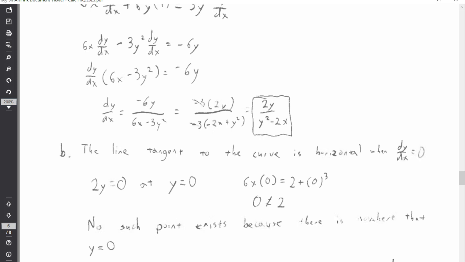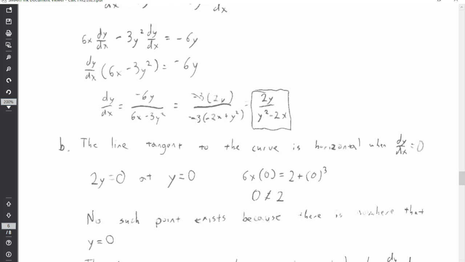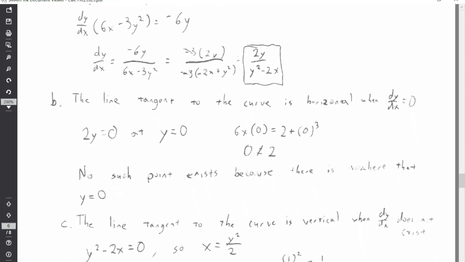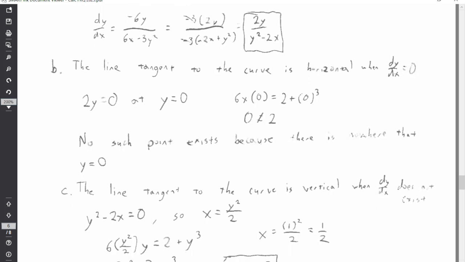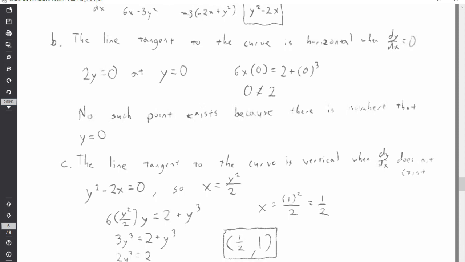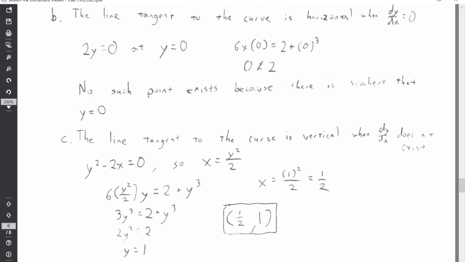But we have better luck on the bottom. If we set the bottom equal to 0, now we're doing a little bit of system work here. Let's do some substitution. x equals y squared over 2. So let's plug y squared over 2 in for x in the original equation, which tells me, if we work through the algebra here, that the y coordinate should be 1.